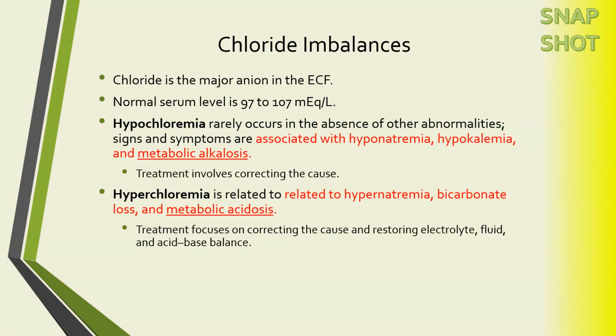Chloride imbalances: chloride is a major anion in the ECF. Levels are typically 97 to 107. Low chloride in the body is usually rare, and it's in the absence of other abnormalities. Signs are typically associated with hyponatremia, hypokalemia, and metabolic alkalosis.